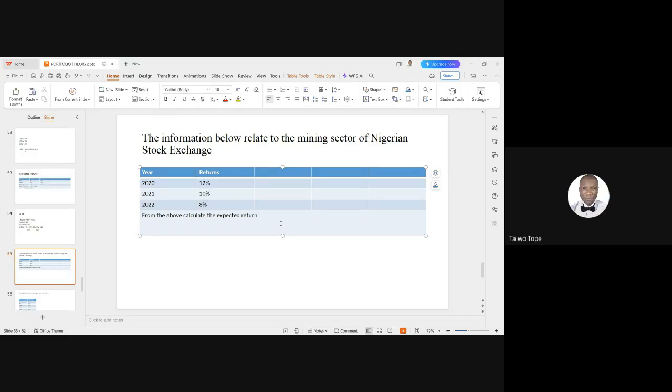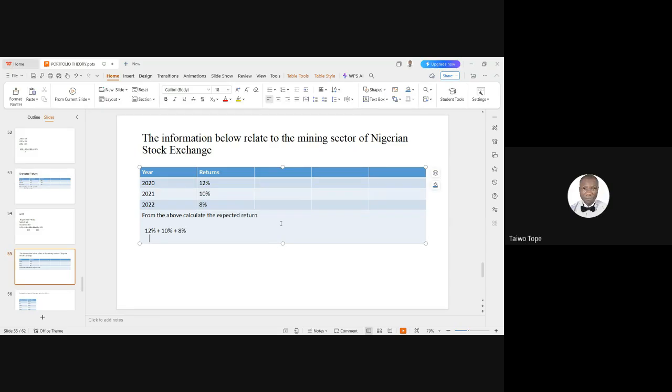That is, we add 12% plus 10% plus 8% divided by what? 3. Because this is historical, they're giving you past data. So you add the whole value, that is 12% plus 10% plus 8%.